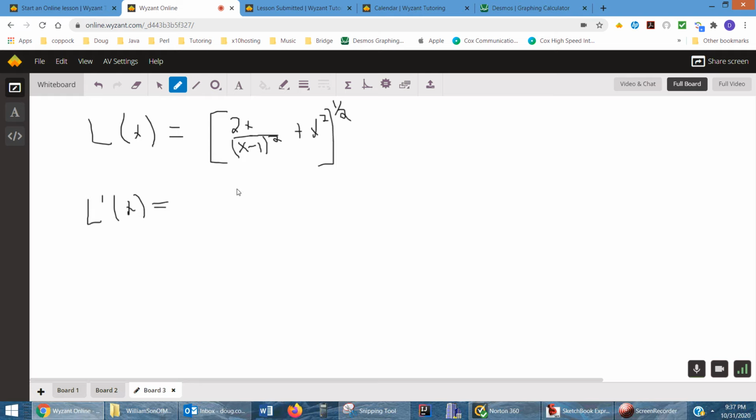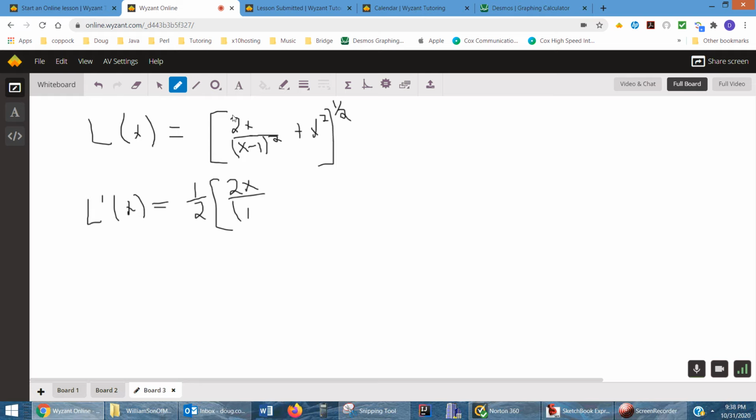Okay. Well, there's a lot of ways to do it. We could simplify what's inside here and then take the derivative, or we can leave it just like it is. I'm going to leave it just like it is, and I'm not going to go through every step. But if we take this 1/2 down front, repeat what's inside the radical.